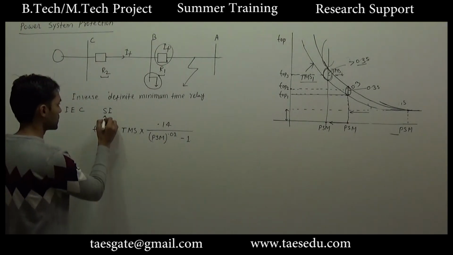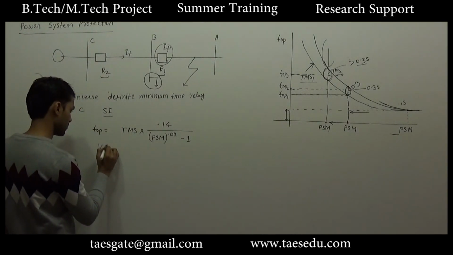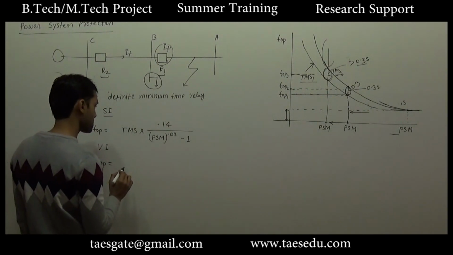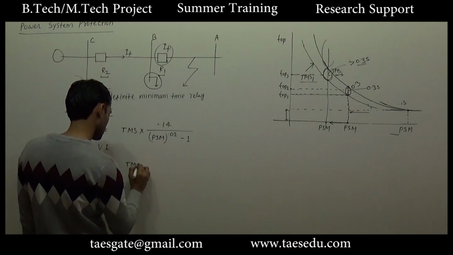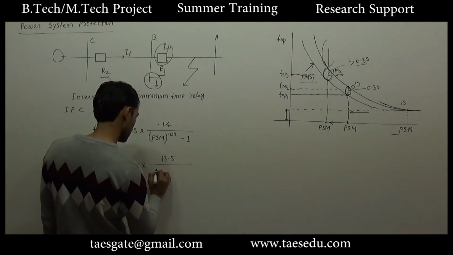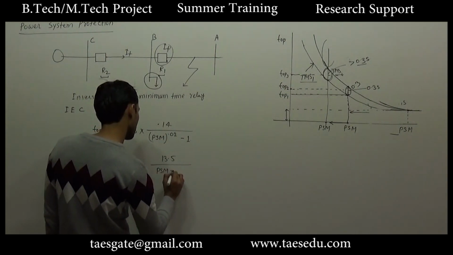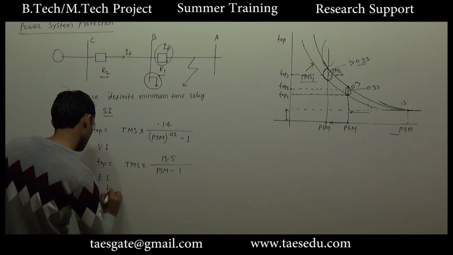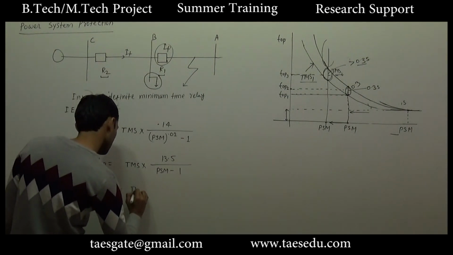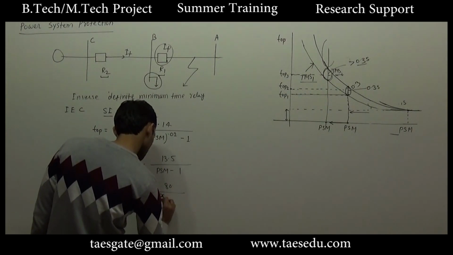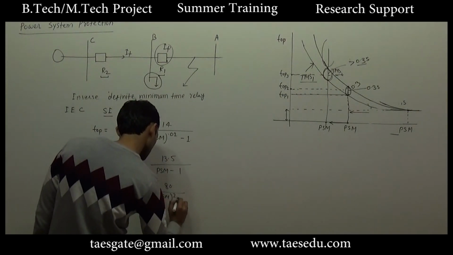This is for standard inverse relation. For very inverse relation, the formula for time of operation is TMS into 13.5 divided by PSM minus 1. And for extremely inverse relation, the formula is 80 divided by PSM whole square minus 1.